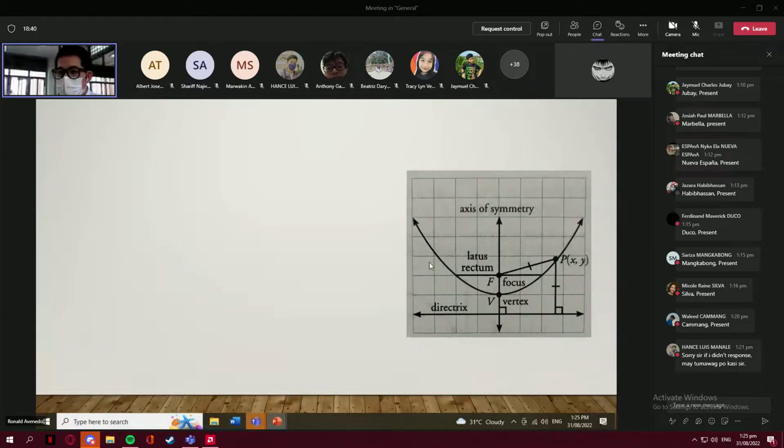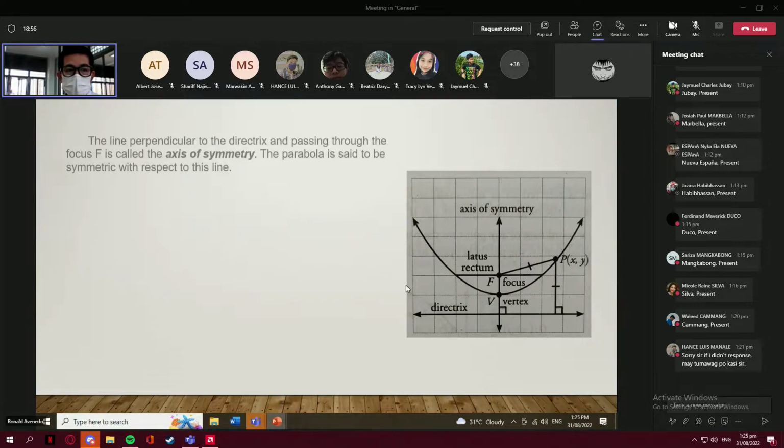Then we have here the parabola, it looks like a smiley, which is open upward. We have the axis of symmetry, the latus rectum, the focus, the vertex, and the directrix.